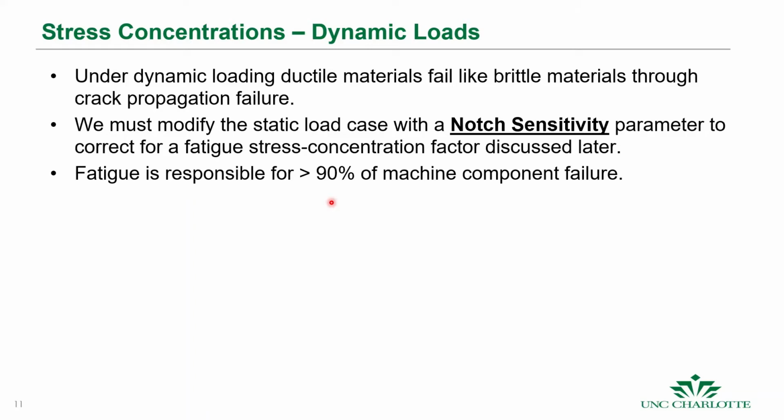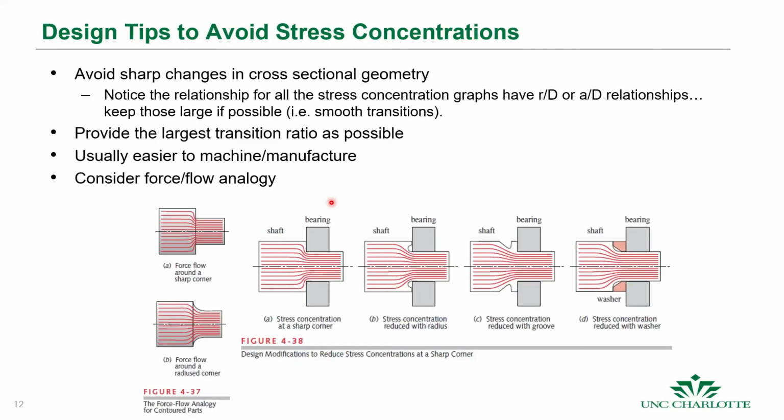Okay, so we need to be able to get our static design complete and make sure it's safe and doesn't fail. We also need to make sure that our dynamic design is also robust, and we have to consider fatigue, which we will be talking about soon. Now, there are some things that we can do to avoid stress concentrations, and that is by avoiding sharp changes in cross-sectional geometry.